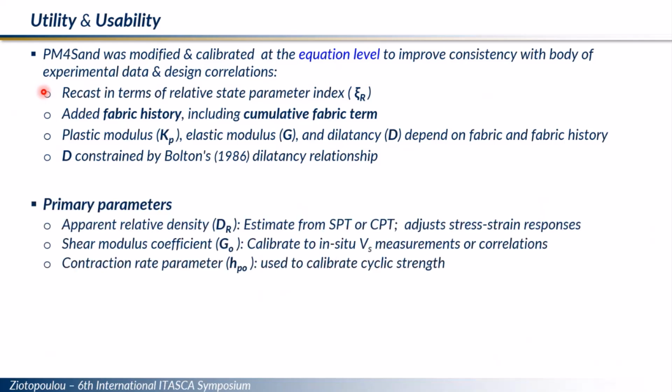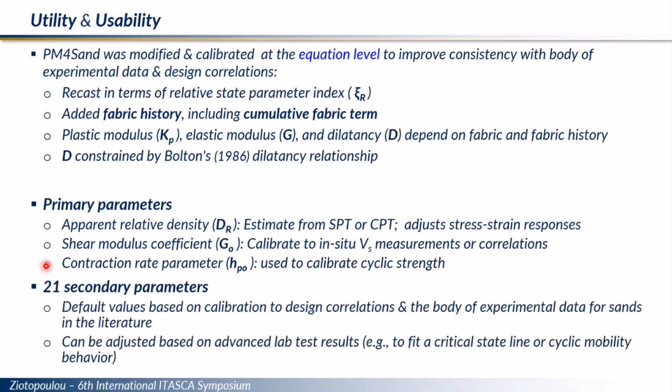Usability has to do with having input parameters that can be easily obtained or reasonably easily obtained in practice. So we have 3 primary parameters. 1 for strength, basically, relative density in PM4SAND. In PM4SILT, that would be the undrained strength, or in a ratio format. The shear modulus coefficient, you need something for your low strain behavior to capture the stiffness, and then a contraction rate parameter that you calibrate against strengths.